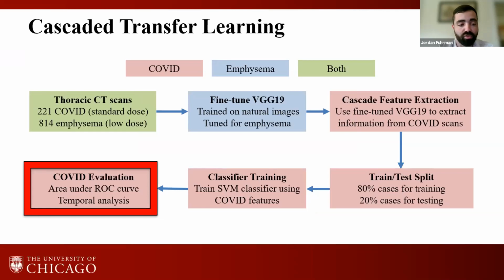We evaluated the performance of our classifiers using ROC analysis, with the area under the ROC curve serving as our figure of merit, and also performed temporal analysis for the mid-treatment task.